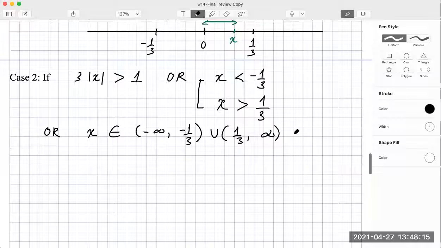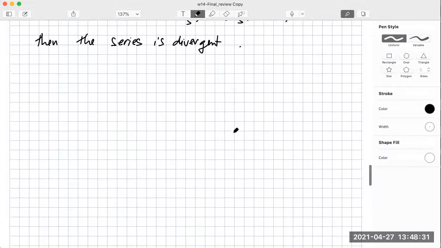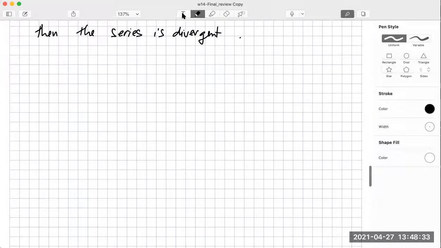We conclude that the series is divergent. That is the second case, right?